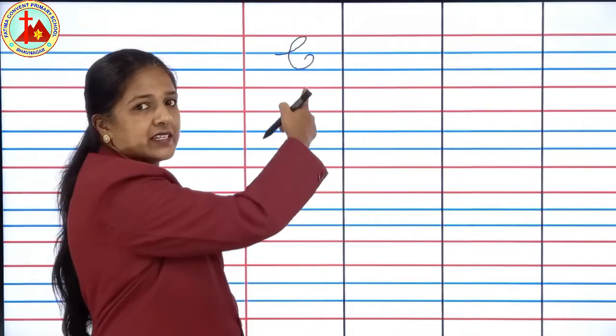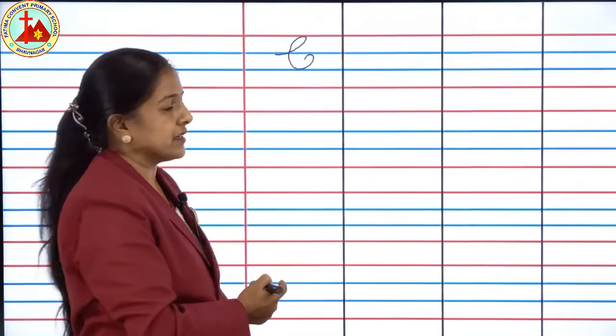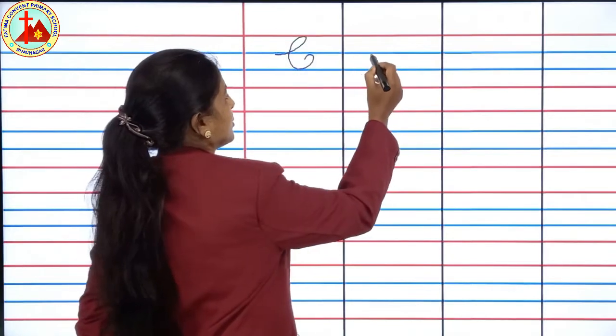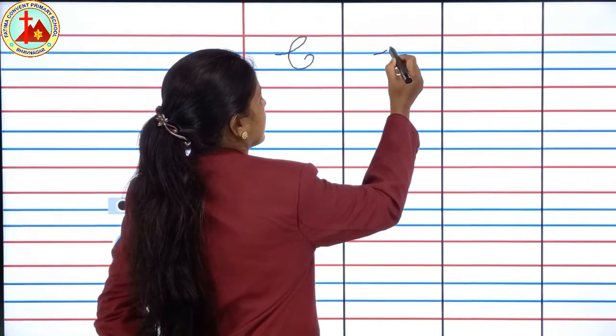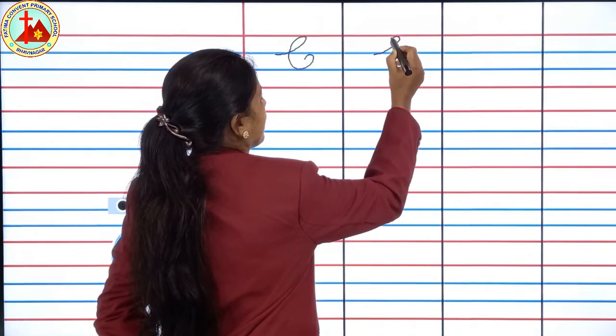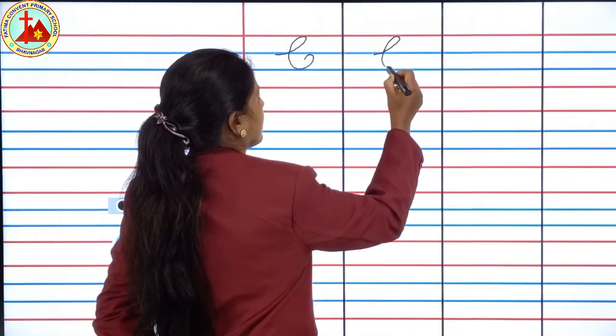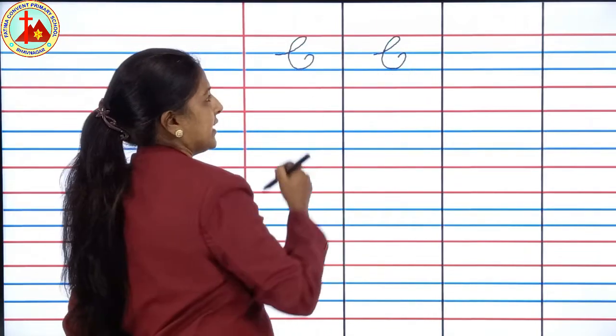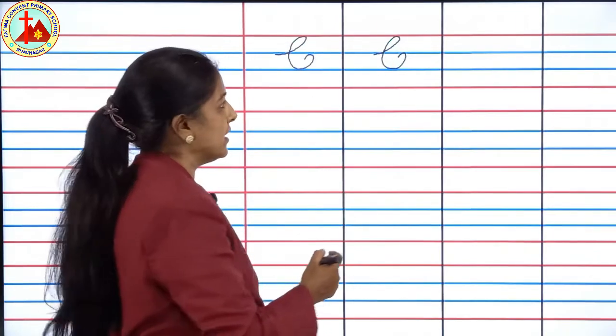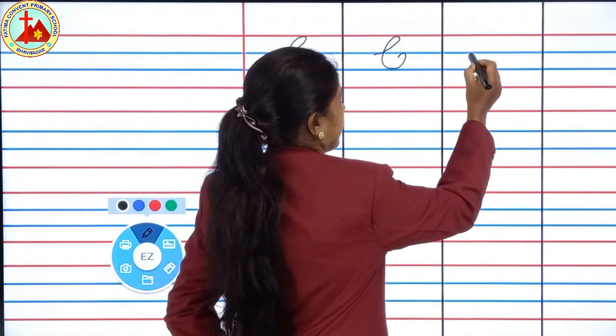Between these lines only you have to write. Your writing should not go out of the lines. Touch the red line up, make a loop, come down. Touch the blue line, turn inside, cursive capital C. Again we'll write.